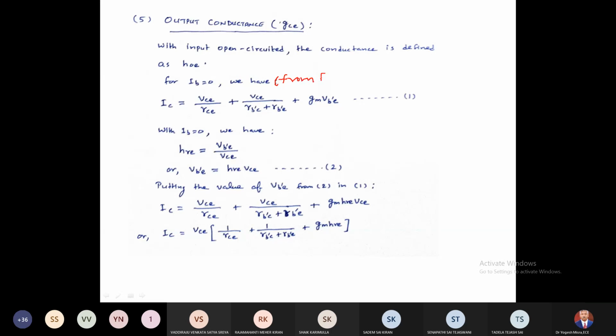From figure 2, IC is equal to VCE by RCE, and this current generator GM VB'E, and VCE by RB'C plus RB'E, considering two resistances, right?